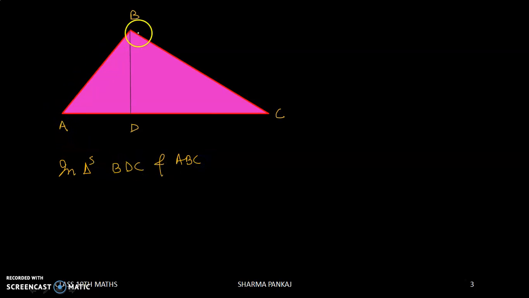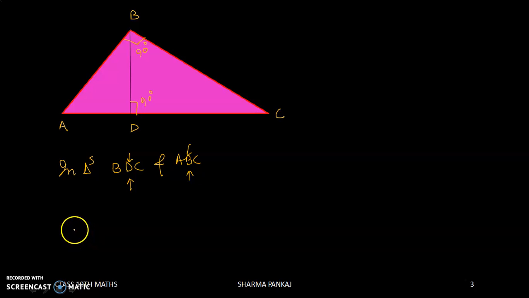This is the whole triangle ABC and another smaller triangle which is BDC. See, we have kept the same nomenclature format. At point D, this is 90 degree. At point B, this is 90 degree. This is 90 degree and this is 90 degree.